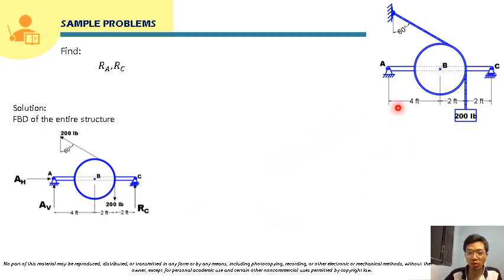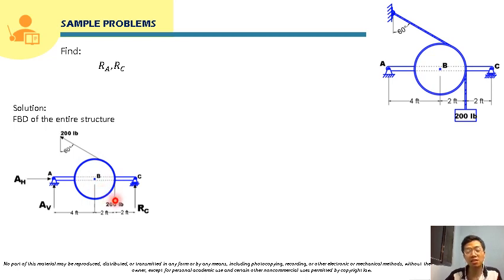In this case, the main supports are the hinge at point A, the roller at point C, and this cable. Since this is the support for this 200-pound load, this will also be a main support. So here at this pulley, the 200-pound load is supported by this pulley. So this is a cable.